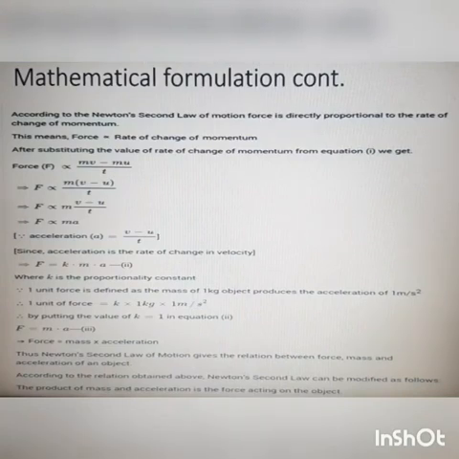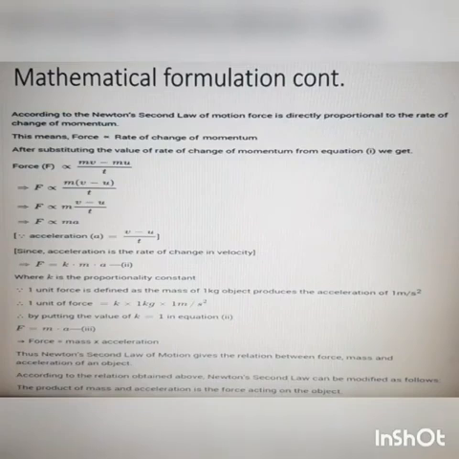Now if I take the value of F to be 1, it will produce an acceleration of 1 meter per second square in a body of mass 1 kg. So if I take F to be 1 Newton, then mass will be 1 kg and acceleration will be 1 meter per second square.